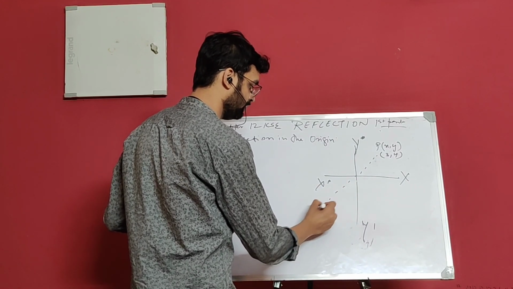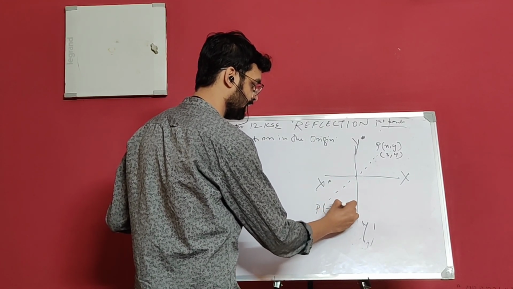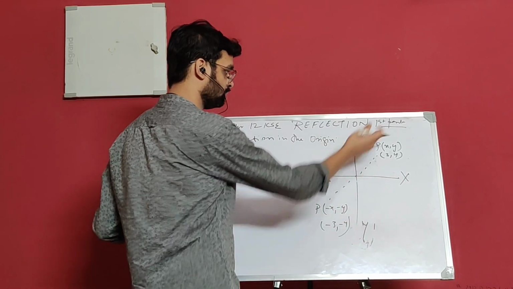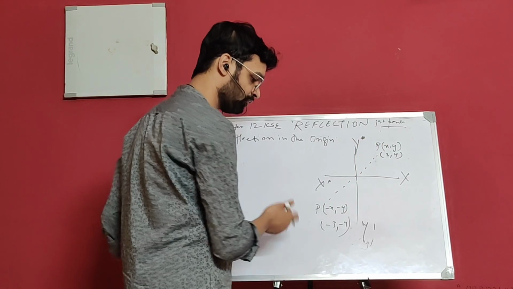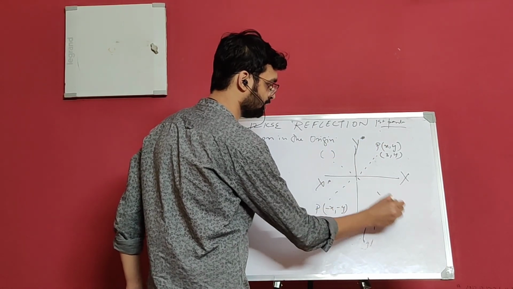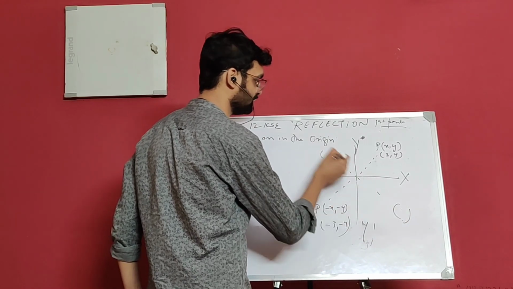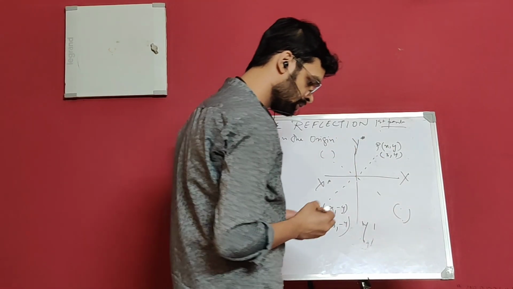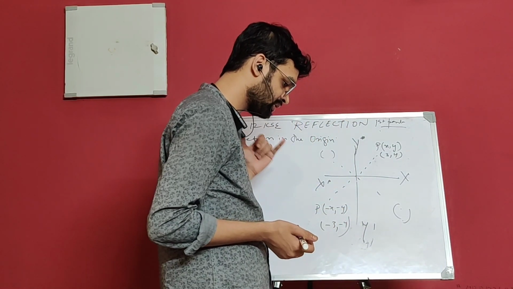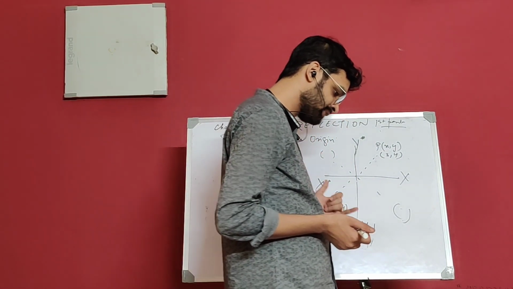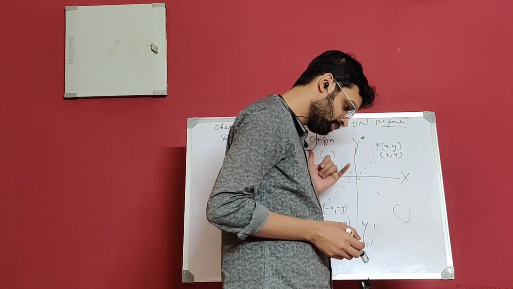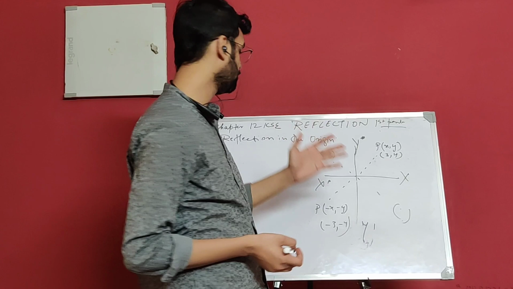That will be P dash, minus x minus y, or minus 3 comma minus 4. So see my origin. If my value was here, to my origin it should come here. If my value was here, to my origin it should come here. Like this, vice versa. So here what are we changing? We are changing the sign of both abscissa and the ordinate. So this is the way that it should be reflected in the origin.